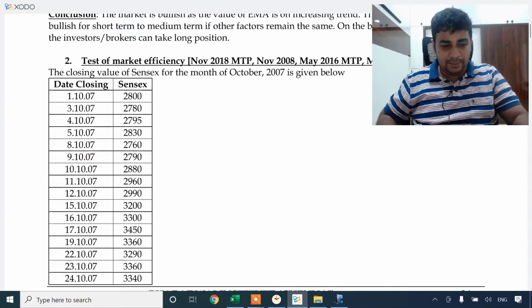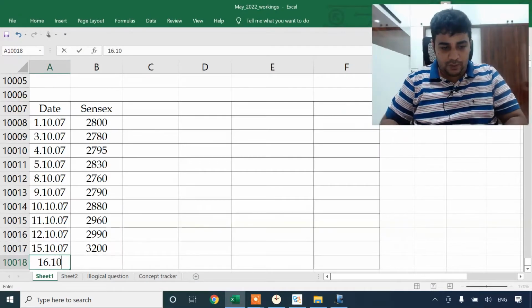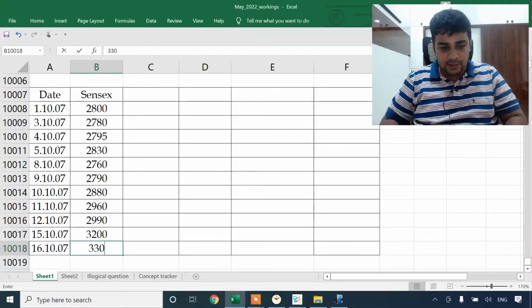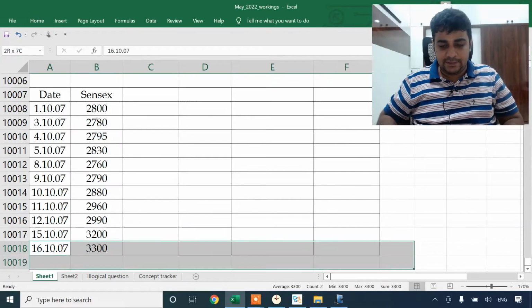They've given multiple observations, so we'll have to capture all of that. This can be slightly time consuming as well.